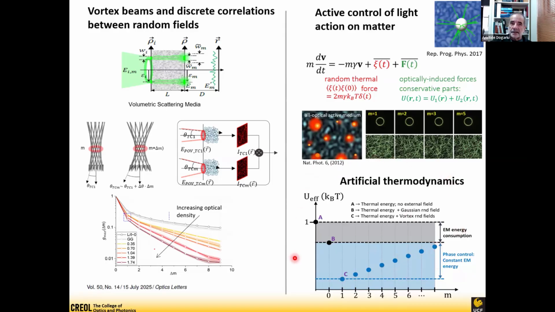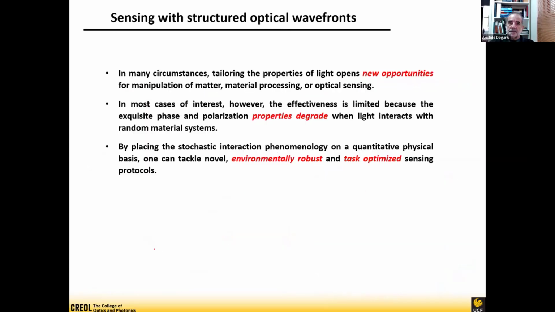So this is a very different type of application of these fully controllable random fields. Now, in summary, I think I showed you a few examples. Hopefully, I convinced you that tailoring the properties of light opens new and very different opportunities to manipulate matter, to sense and things like that.